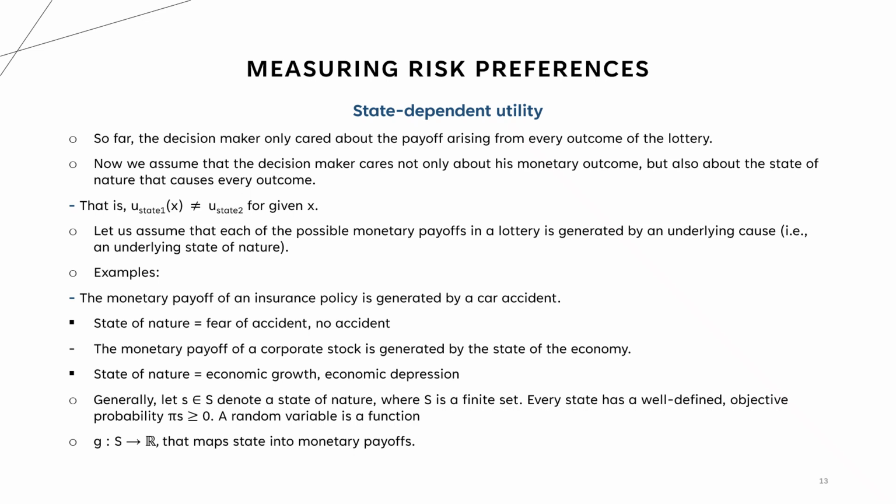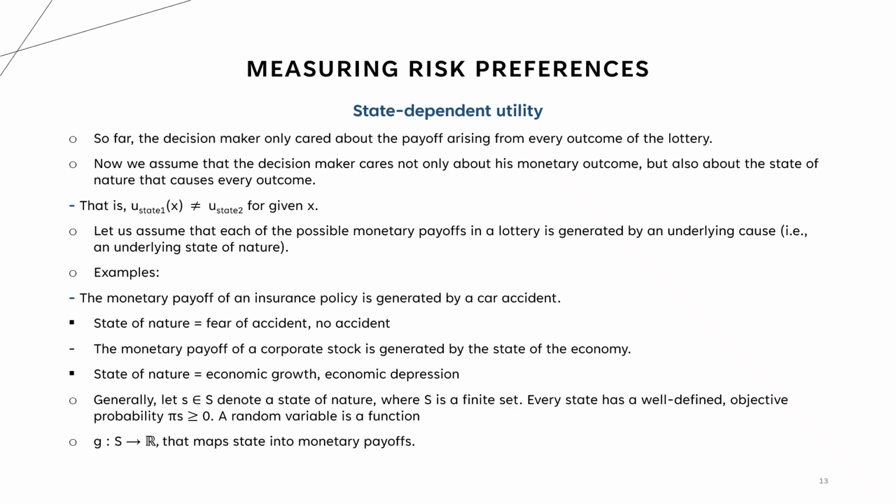Okay, now we move on to state-dependent utility. Until now we have been focusing only on monetary outcomes. But what if the decision maker is also considering the state of the world or nature? For example, a decision maker may care not only about how much money they can get from a lottery, but also about the state of nature, like whether there is a chance of a car accident or an economic downturn.